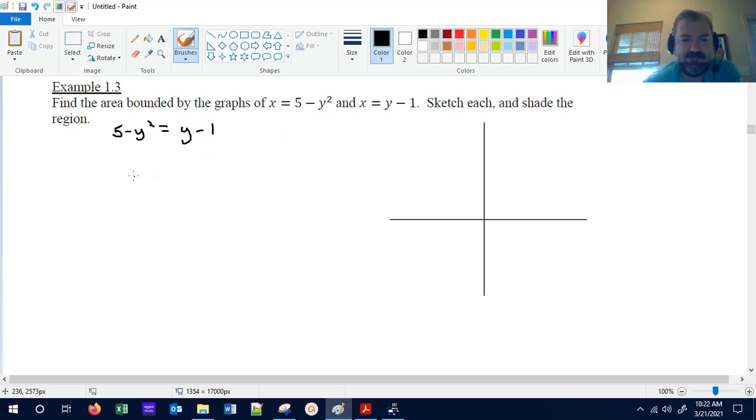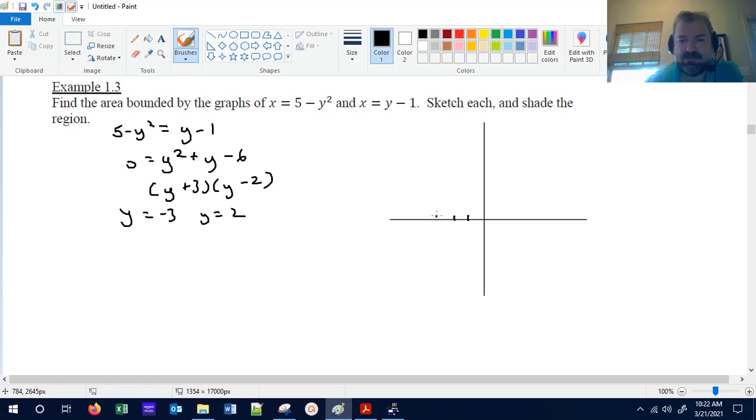Setting this equal to 0 gives me y squared plus y minus 6, and I have y plus 3 and y minus 2. So y equals -3 and y equals positive 2. When y is equal to -3, we're going to get 5 minus 9 is a -4.